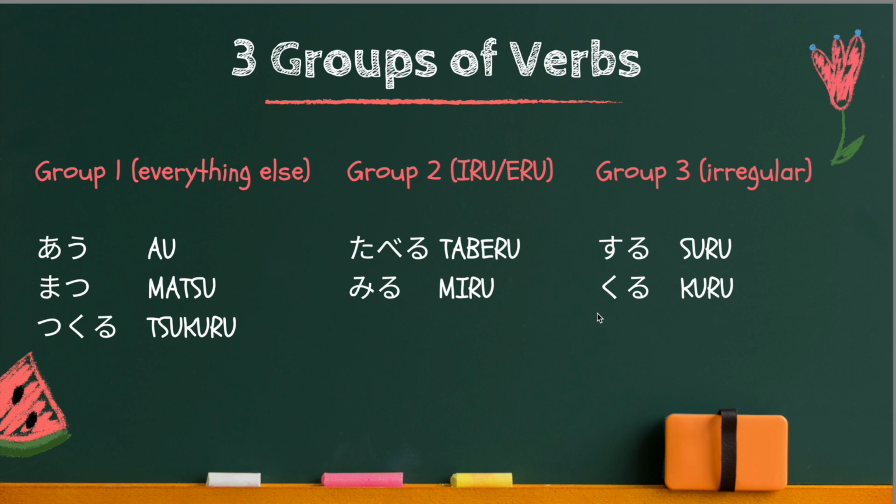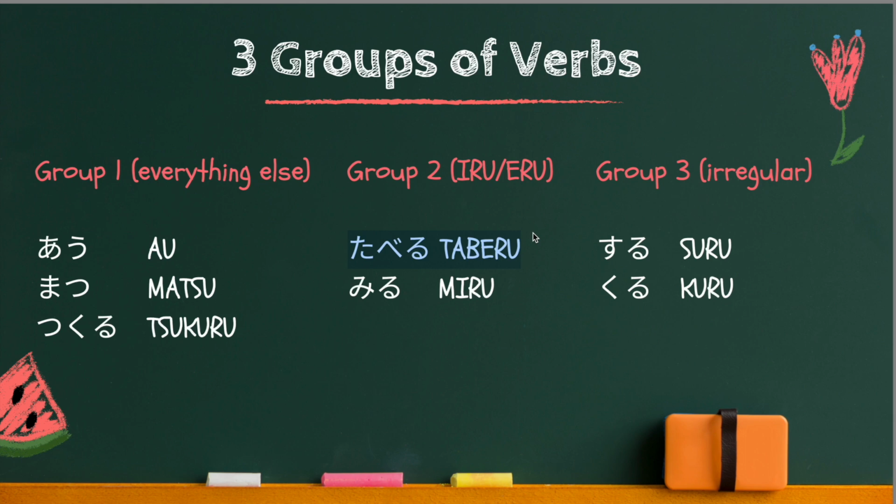So as for group 2, just remember taberu and miru today, and gradually you can remember other verbs as well. Once again, taberu means to eat, and masu form is tabemasu.